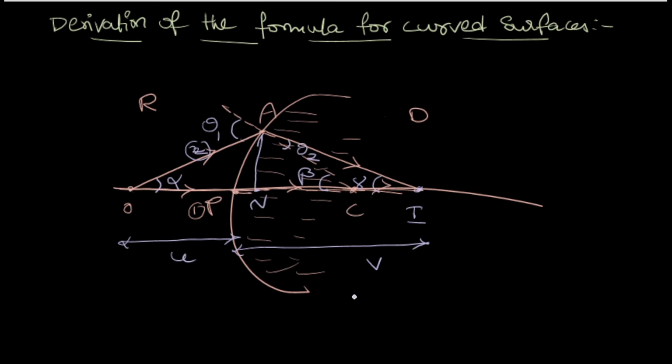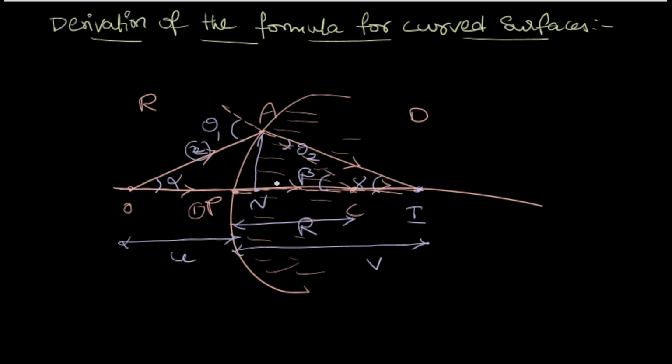Object distance is denoted with U and image distance is denoted with V. And PC is the radius of curvature, which is denoted with R. Now, using this figure, we are going to derive the formula for curved surfaces.